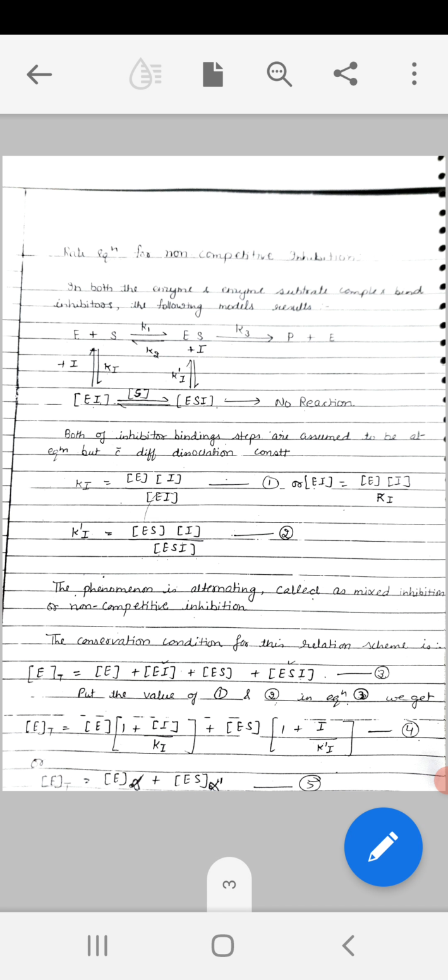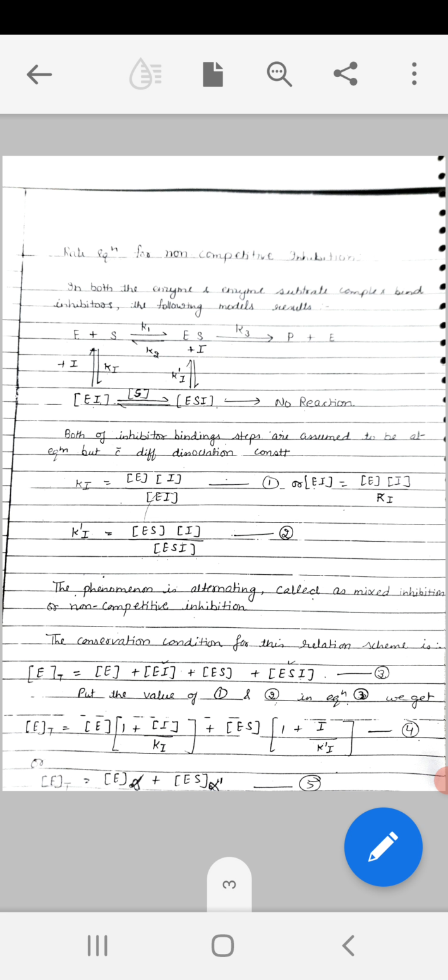Both of the inhibitor binding steps are assumed to be at equilibrium, but with different dissociation constants. The two inhibitor binding steps: the first is with the rate constant Ki and the second is K1I. Okay, Ki and K1I.